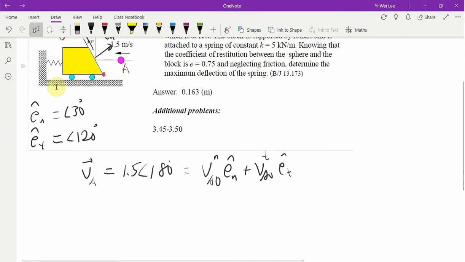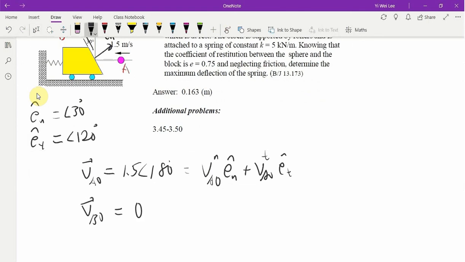Now, of course, since the block is initially at rest, we also know that VB naught n is 0, and VB naught t is also 0 because initially it's at rest. So the naught terms are not something we are concerned about.